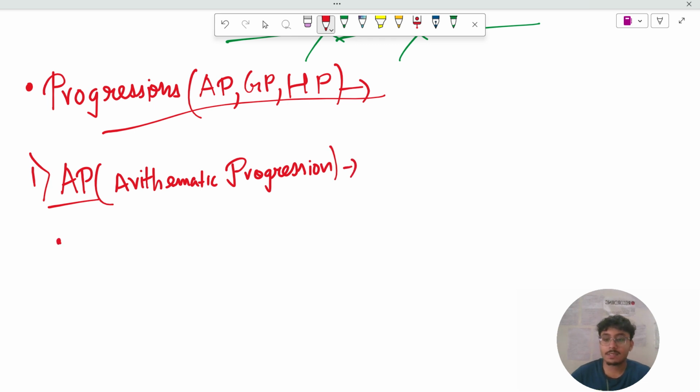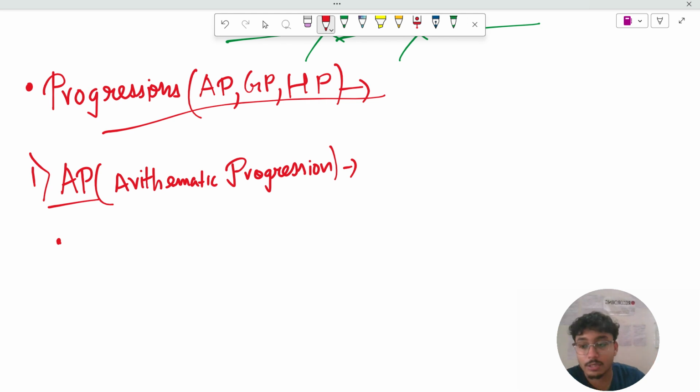So now let me tell you what a progression is. A progression is basically a normal series where the next number can be related in some way with its previous number and with its upcoming number. We have three types of progression: arithmetic progression, geometric progression, and harmonic progression. So I'll be starting with arithmetic progression.